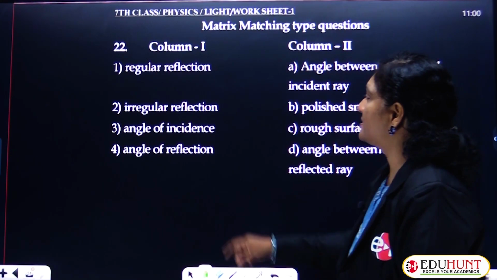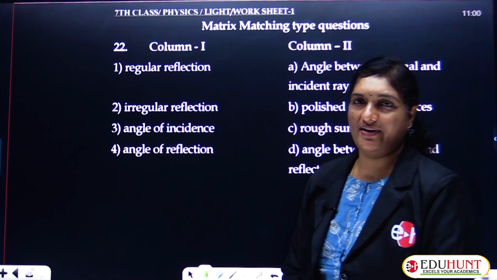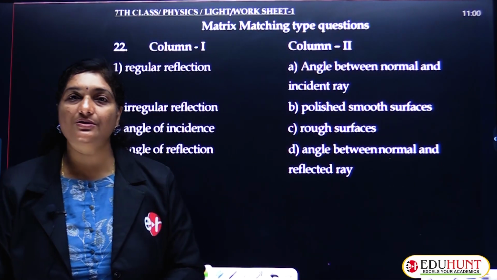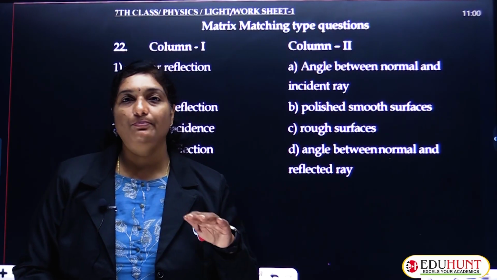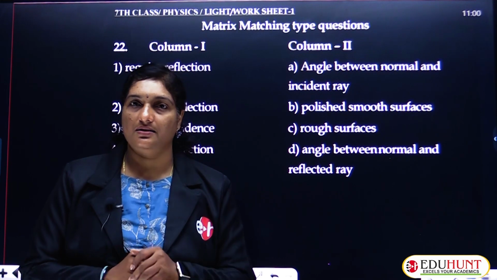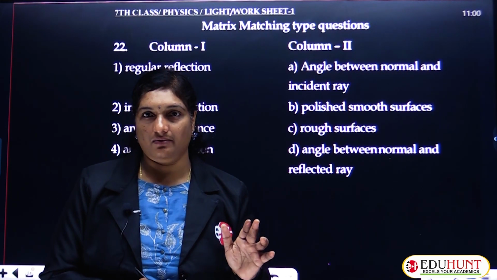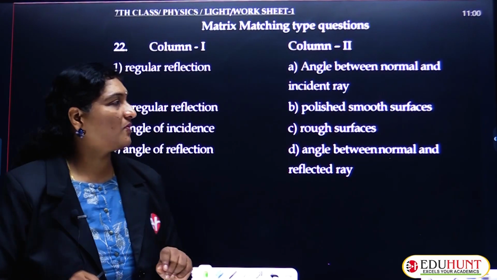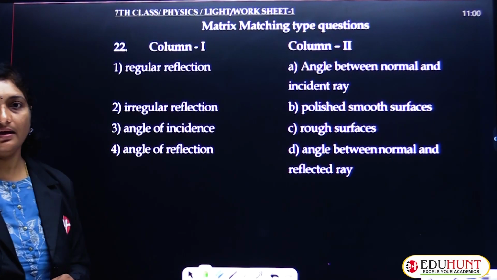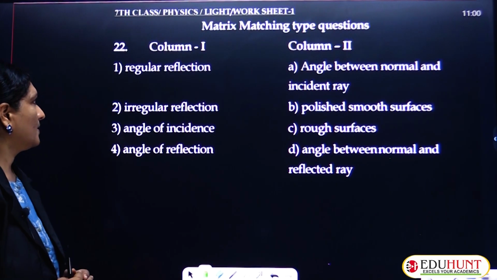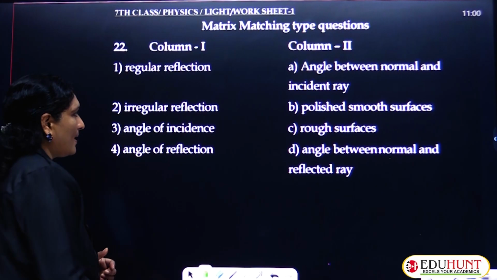First, moving to the first question, regarding regular reflection. Generally, where do we find regular reflection? It generally happens on smooth and highly polished surfaces like plane mirrors. Whereas on rough surfaces, which are not highly polished, irregular reflections are observed. So let us try to match the same.